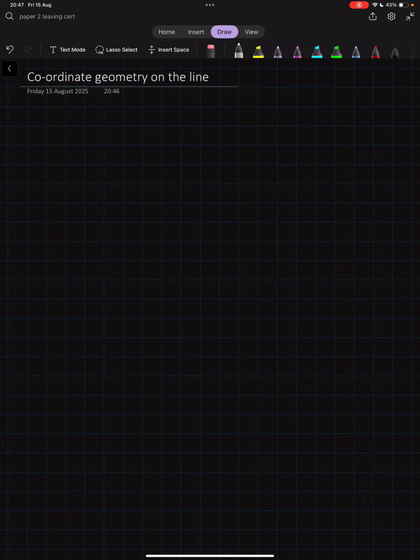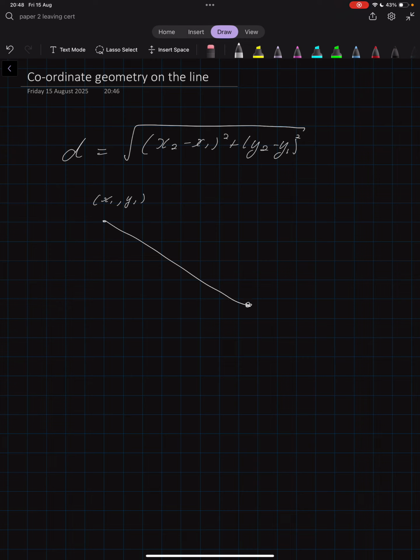First of all, the distance between 2 points, d, is simply equal to the square root of x2 minus x1 squared plus y2 minus y1 squared. So it's just the difference between them. If this is, say, x1, y1, and this is x2, y2, this is the distance d.